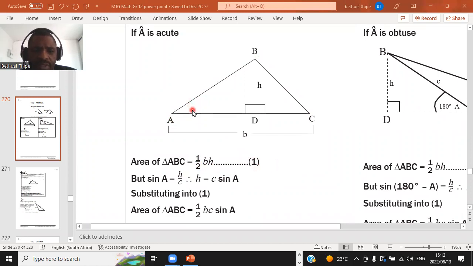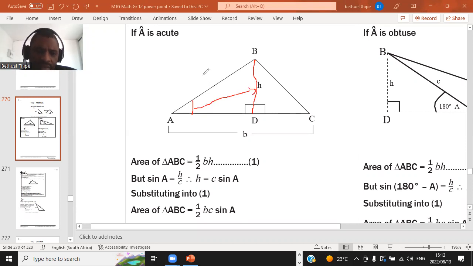Having said that, we're going to use the definition of sine, which is opposite over hypotenuse. So I want to construct a line here. Let me draw it for us. Here is our height. So the sine of A is given by the opposite, which is H, over the hypotenuse.